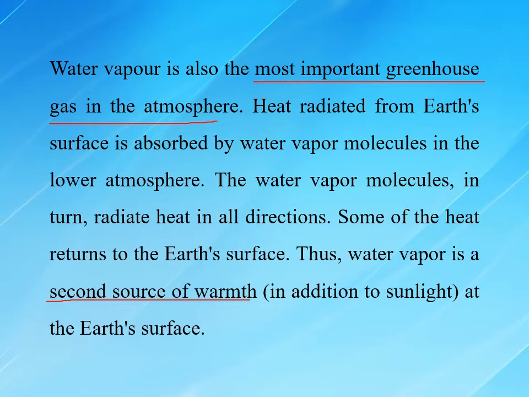And particularly, this warming can be felt in the night time, because during night time there is no incoming solar radiation. So the source of energy coming from the sun will be absent during night time due to the rotation of Earth around its own axis. So it has to be cooled down. The Earth seems to be cooled down during night time. But because of this water vapor in the atmosphere, the outgoing terrestrial radiation is trapped.